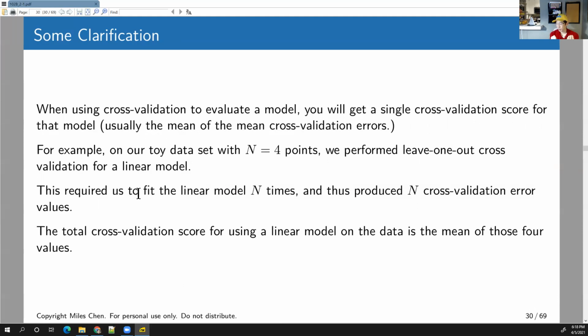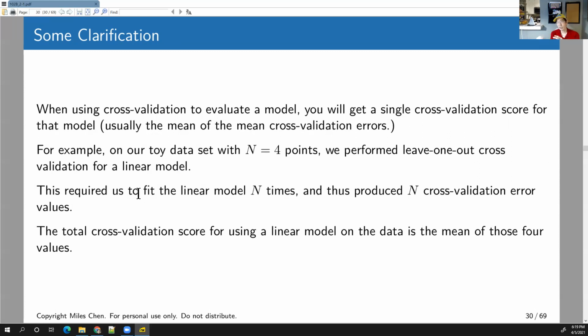So basically what you would want to do is say, here's one model. This is the linear model. And what's my cross-validation score for this linear model? Here's an alternative model. Maybe we want to try a quadratic model, or maybe some kind of log fit. If we do that, we would run cross-validation on the alternative model, and you would get another cross-validation score, and you'd compare the score of this model versus the score of this model.